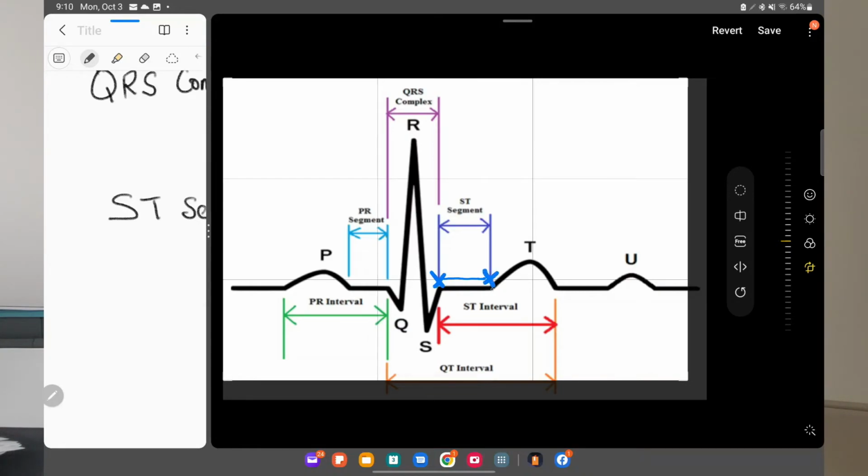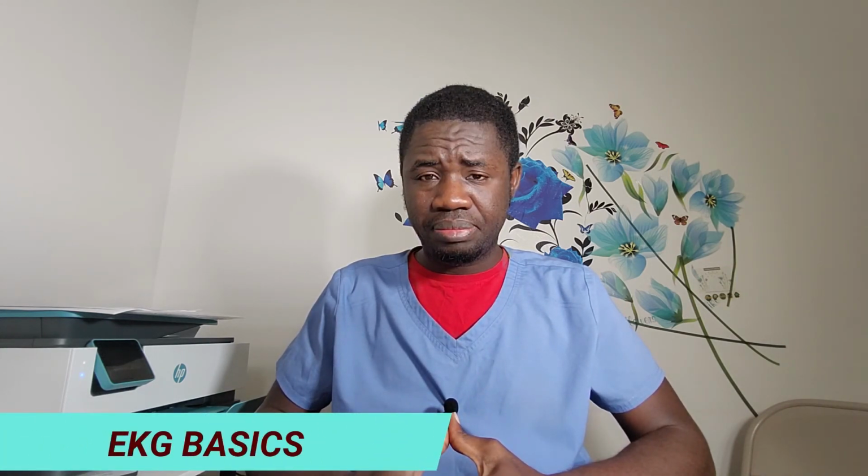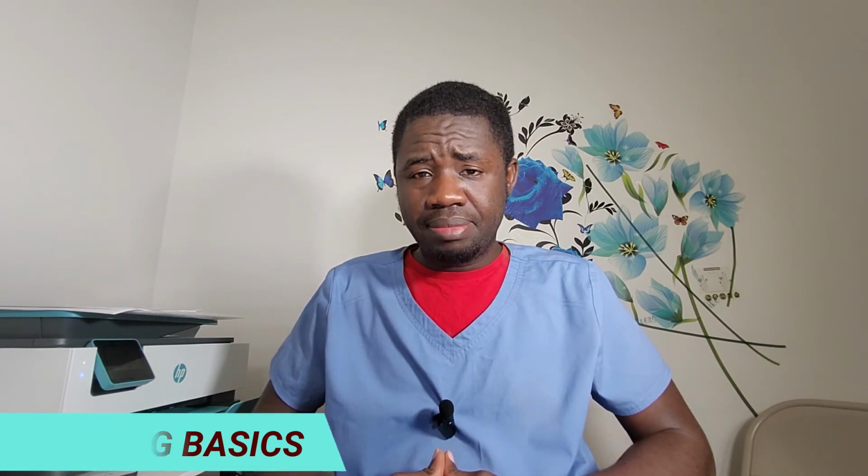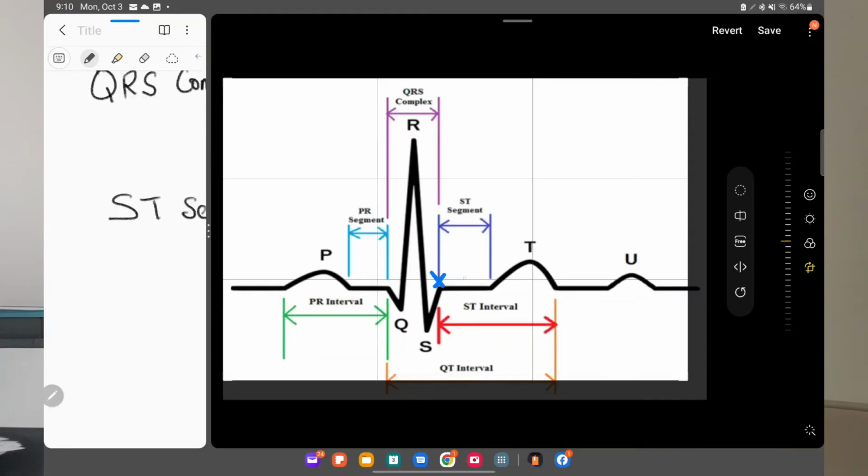So the deviation of the isometric line at the ST segment is very important and is a definition of whether a patient is having ST elevation or ST depression, which may indicate that the heart is having some kind of injuries. So the isometric line before the QRS complex represents the PR segment, and after the QRS complex, the isometric line is called the ST segment.